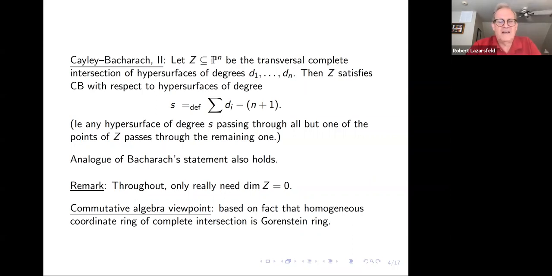And again, the evident analog of Bacharach's theorem also holds. Okay, now let me at this point make a remark that comes up that I'm not going to keep repeating, I hope, which is that for simplicity, I've stated the theorem by saying that we need the hypersurfaces to meet transversely. That's not really necessary. What you need is for them to meet properly. And so Z is a zero-dimensional scheme of the Bezout degree.